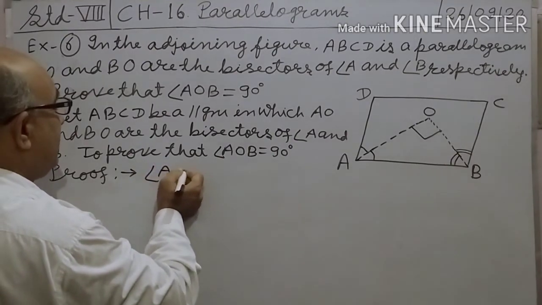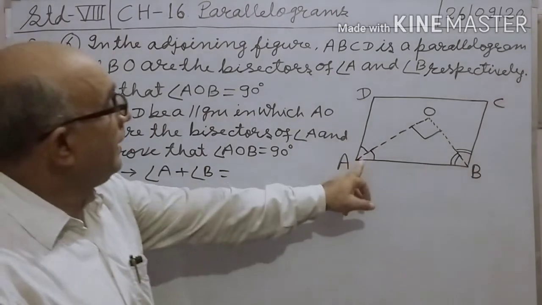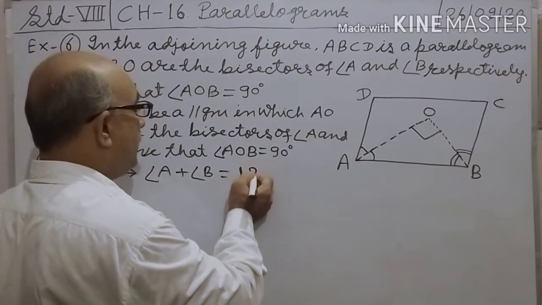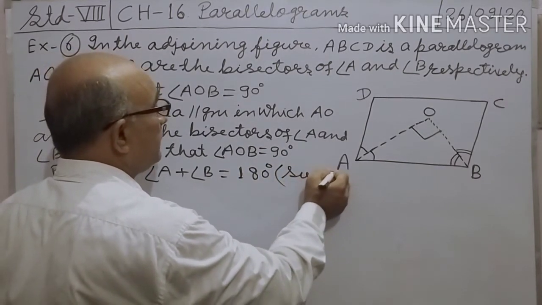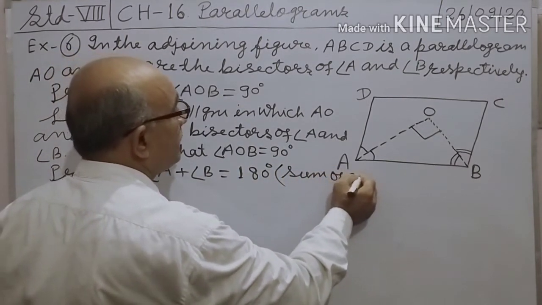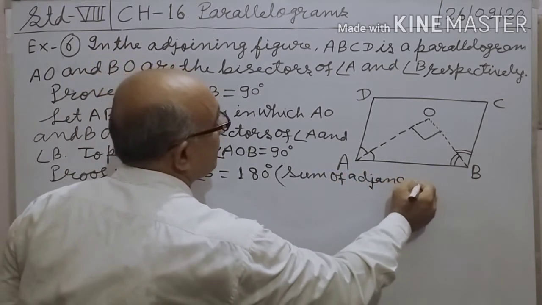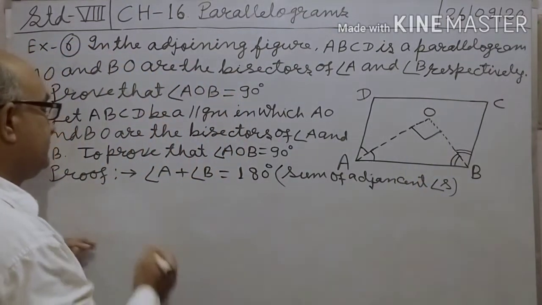Proof: Angle A plus angle B equal to 180 degree, sum of adjacent angles.